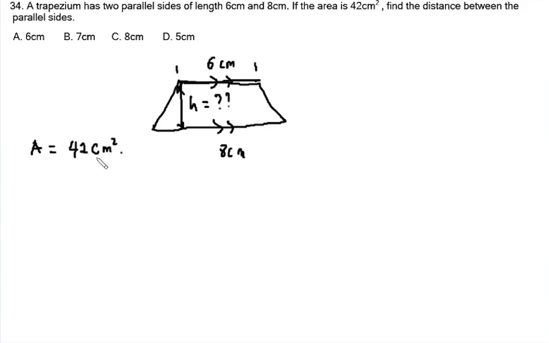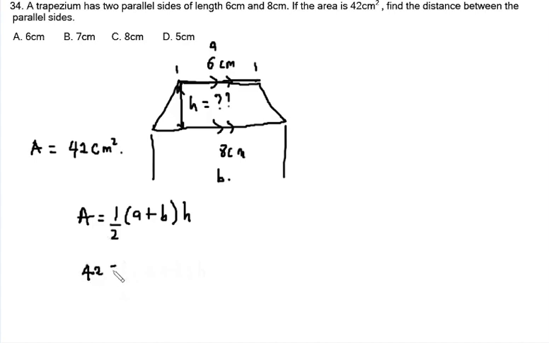Luckily, there's a formula that relates area and the sides of a trapezium. So the area of a trapezium is equal to half (A plus B) times H. Here to here is simply A, here to here is simply B. So 42 is equal to 1 over 2 open bracket 6 plus 8, and then h.